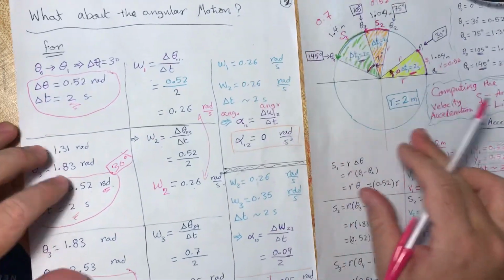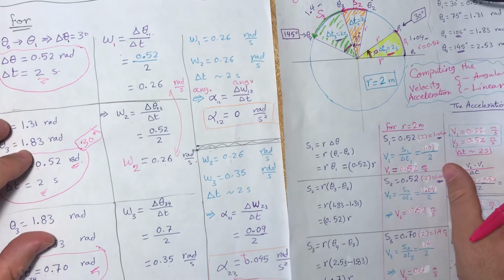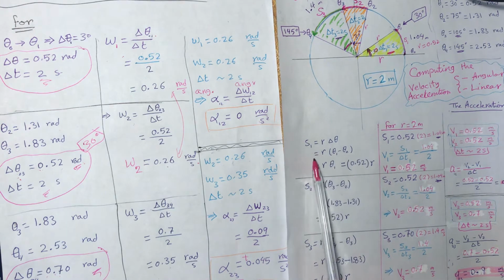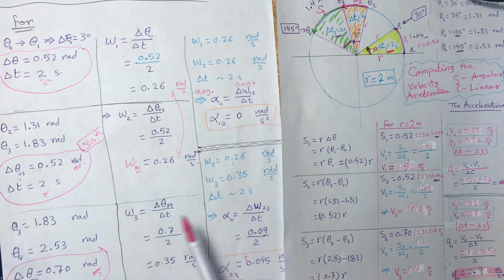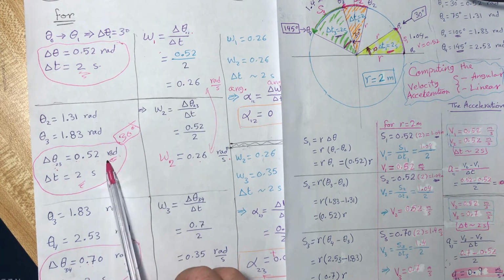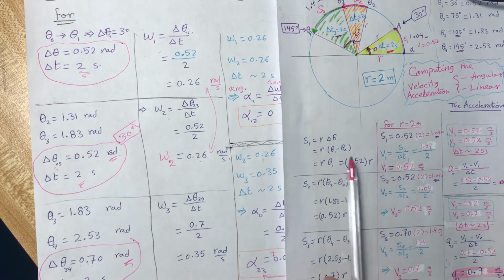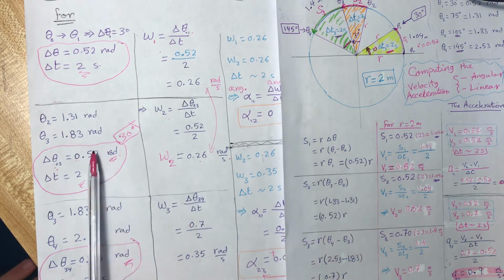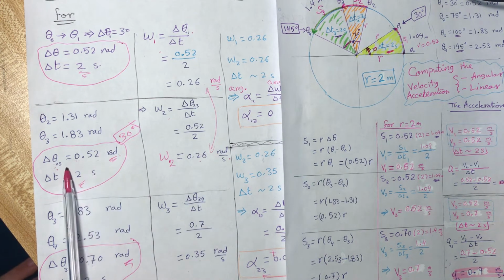Look, as we computed the linear length, we also have angular length or angular position. The linear position is S. The angular position is theta.